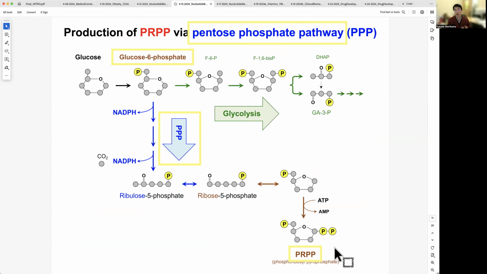That's why it's linked to purine production, uric acid synthesis, and so on. Glucose 6-phosphate accumulates, goes through the PPP, and that leads to an increase in PRPP: the pentose phosphate pathway directs glucose 6-phosphate into PRPP.